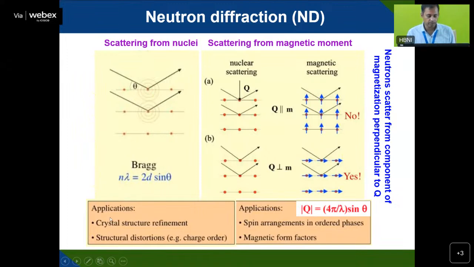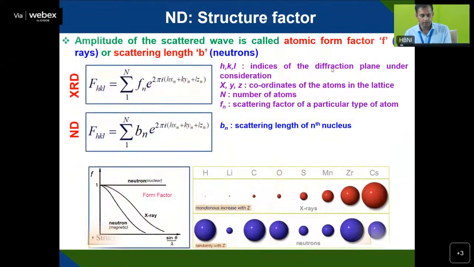In the case of neutron nuclear scattering, with nuclei you will get crystal structure refinement, structural distortion, and charge order, but spin arrangement and magnetic information you will get from the magnetic scattering. And if you see the neutron scattering structure factor, as I told from XRD, F is the summation of f and the element scattering into e to the power 2 pi i times the coordinates.